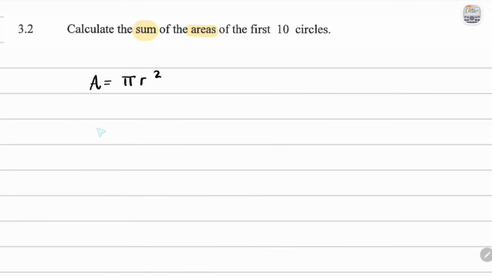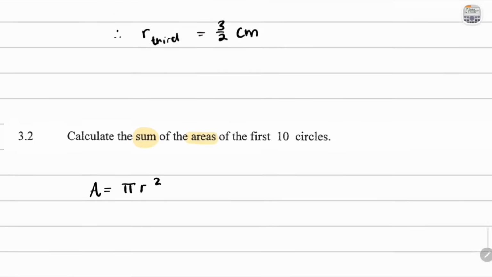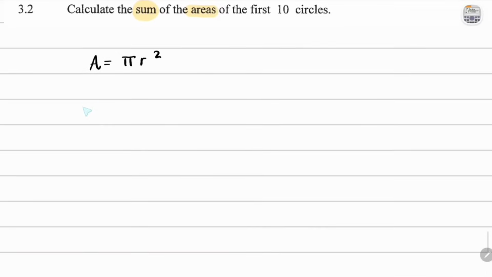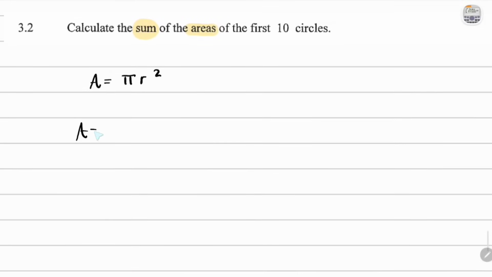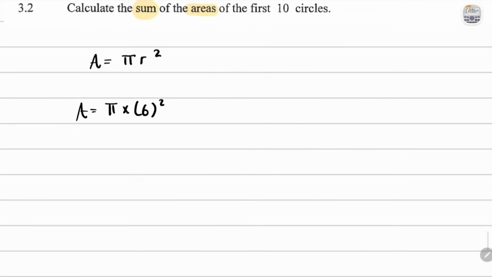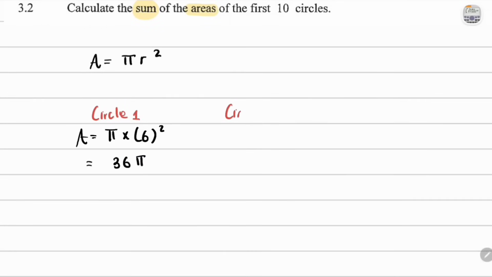So the first circle, because we know that the radius of the first circle is 6 centimeters, area is equal to pi times 6 squared, and of course that simplifies to 36 pi. And then the second circle would be area equal to pi times 3 squared, so that would be 9 pi.